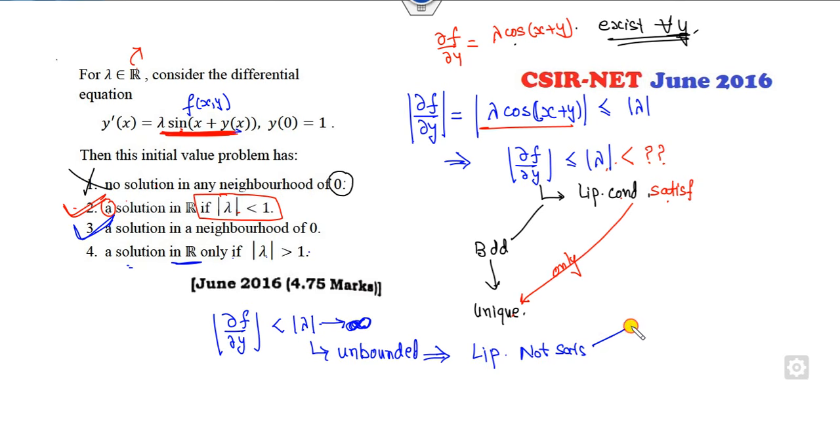If it is not satisfied, you will get either no solution or infinitely many solutions. But look at that. He said a solution. That means he said a unique solution. But we get either no solution or infinitely many solutions. So this option is also cancelled. The right options are B and C, the correct answers.